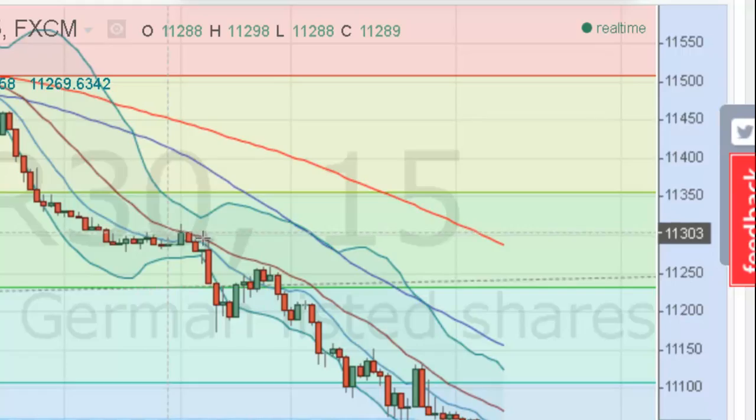Or I could look at the previous one. I could go, okay, here it was 11,305. It went all the way up to 11,313, maybe 315. So I only needed 15 as a stop loss if I was historically looking at it.